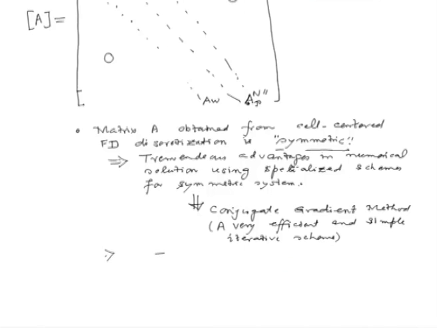For a 1D problem where we have only a tridiagonal structure, we are happy with TDMA. TDMA does not care whether a matrix is symmetric or unsymmetric. So this advantage is of main interest for multidimensional problems.